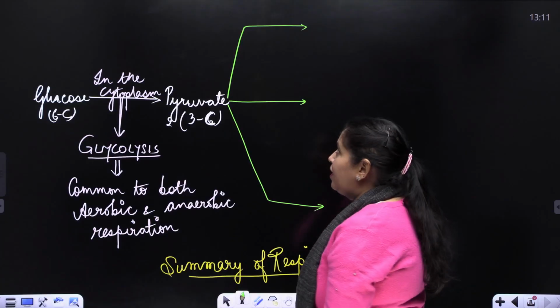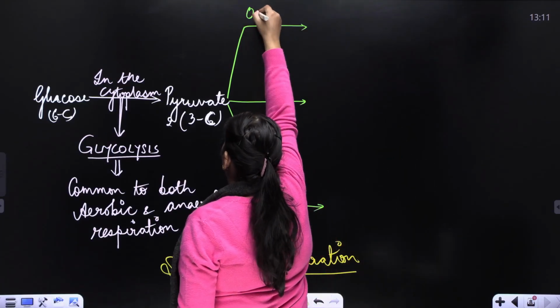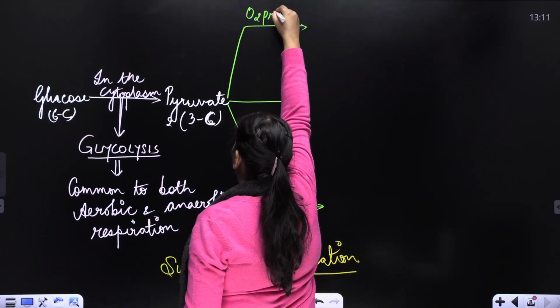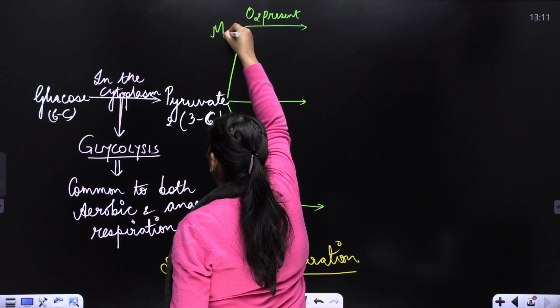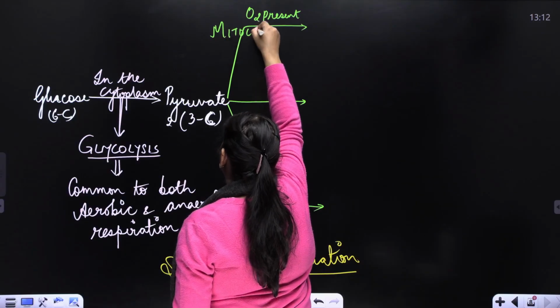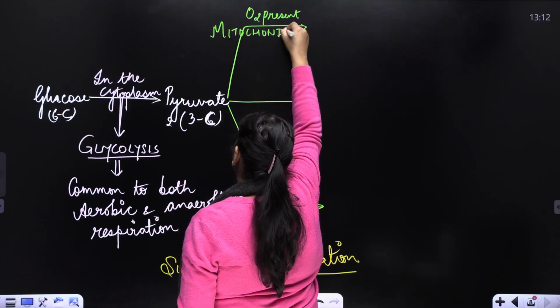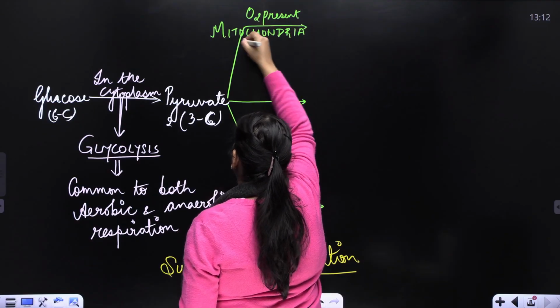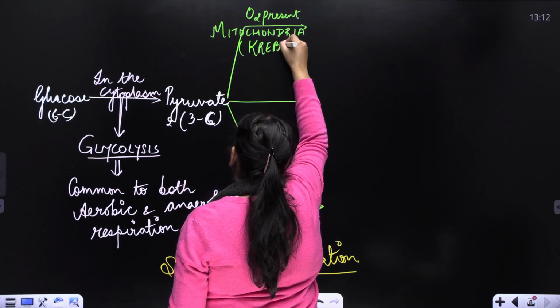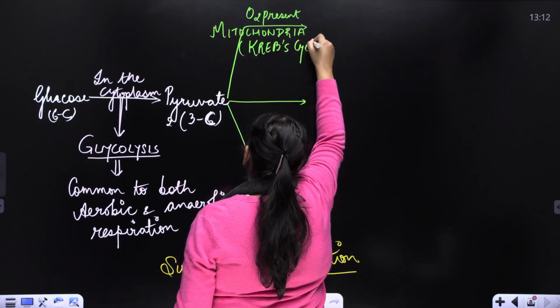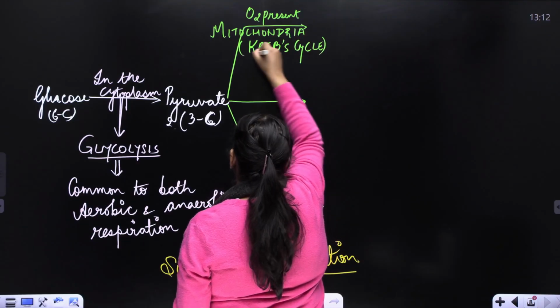Pyruvate can have 3 destinies. What is the first one? In the presence of oxygen, if oxygen is present, pyruvate enters the organelle mitochondria and undergoes Krebs cycle. That's the name of the step.